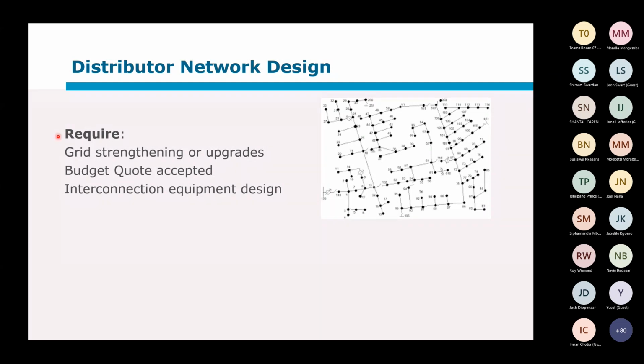So firstly, we say we've done the grid strengthening study, and we see that we need strengthening or upgrades. The network planners would typically have that and do it in a similar fashion to the cost estimate letter we've just done. I know in some places the designers would already have this list of costs that they would share with the planners, who can then just use that information to get to the budget quote.